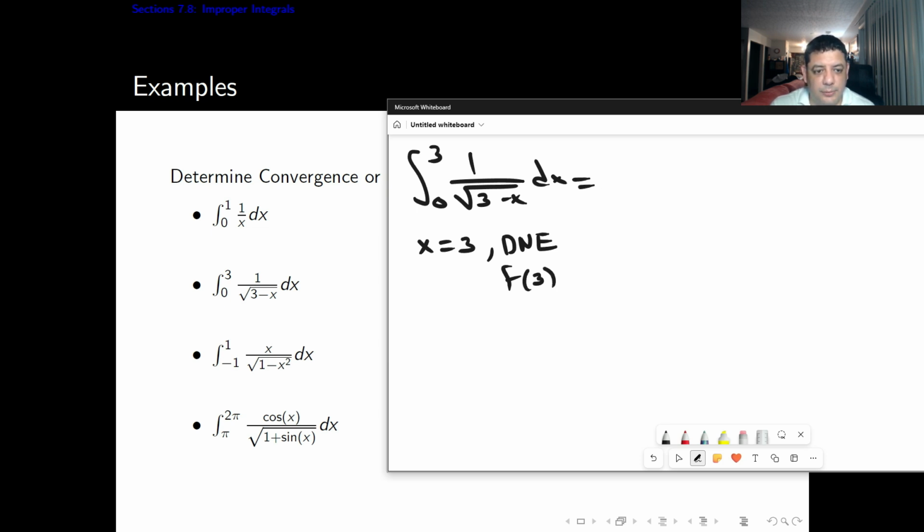So what we do is we take the limit as x goes to 3 from the left side of the integral from 0 to x of 1 over square root of 3 minus x dx.